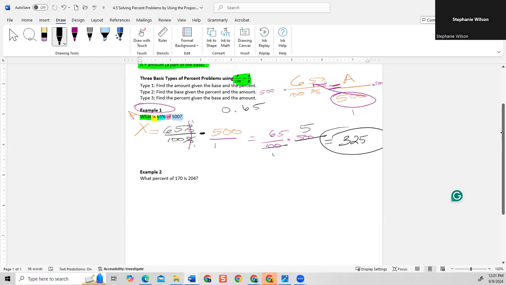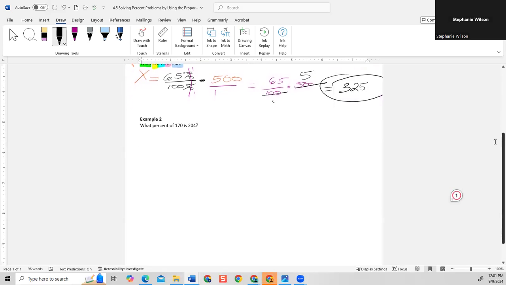Now let's do our next example, example 2. I'm going to scroll down just a little bit. All right. It says, what percent? So we're solving for the P up there, because we're going to put it in percent. Of again is multiplied.